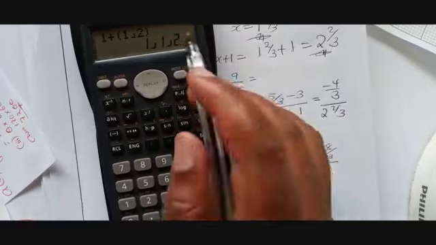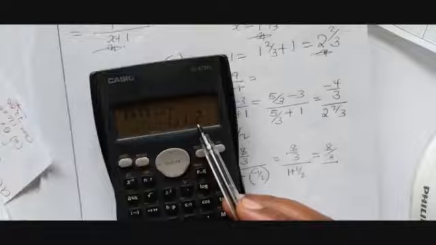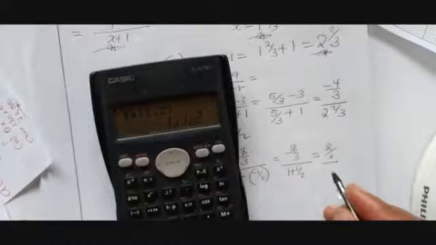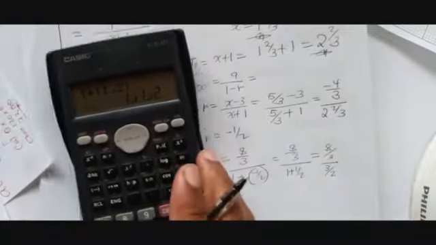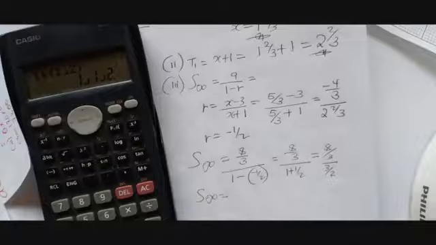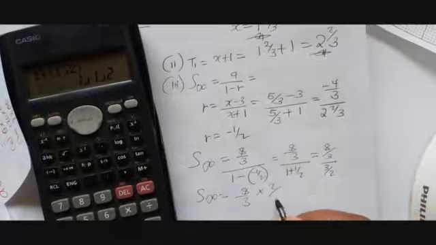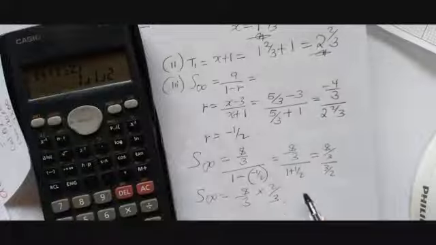So this is the answer. 1 over 2. So which is it? This by that is 2 plus 1, 3. So here is 3 over 2. Okay? So sum to infinity is equal to, you can say 8 over 3 times 2 over 3. Okay? So what do you get?